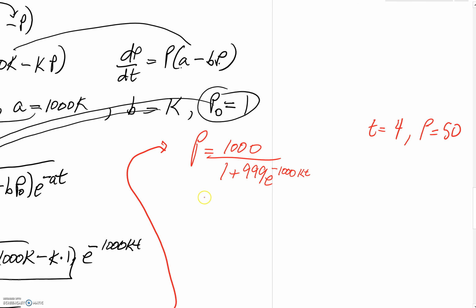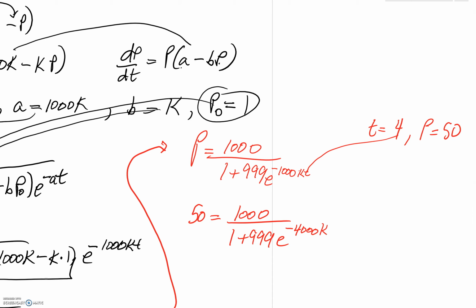So let's go ahead and just put 50 in here, and we'll have 1 plus 999 e to the negative 1,000 times k times a 4. I hope you can see quickly 1,000 times 4 is just negative 4,000. And we'll have negative 4,000 k. Now, we can go ahead and solve this a number of different ways. We could even solve it by hand. With the TI-89, you can use the solve.